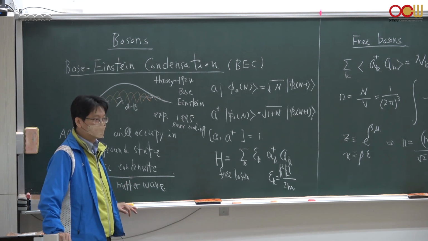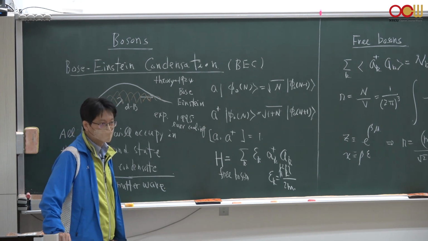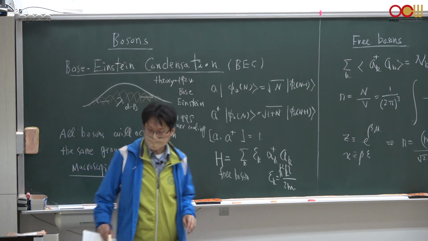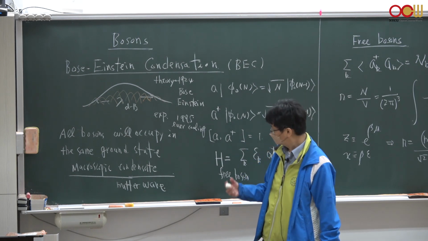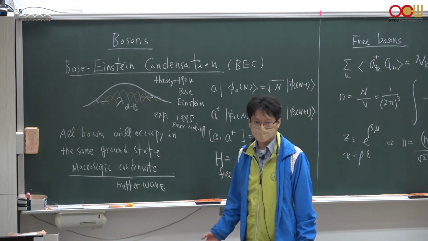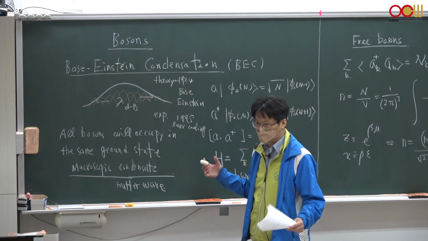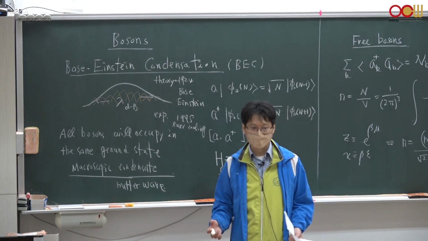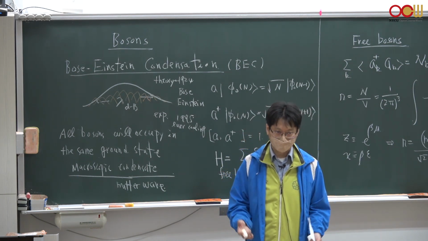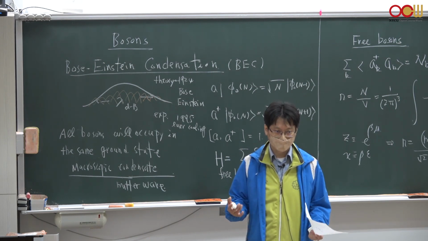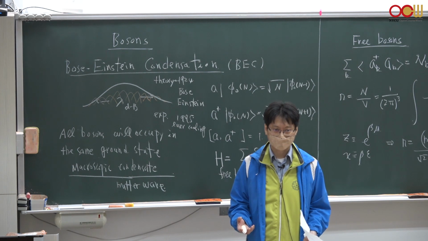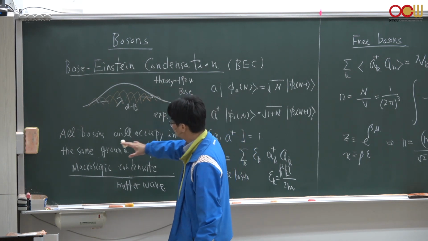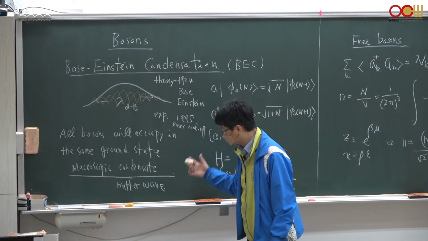They predicted that for bosons without interactions, just free bosons, at ground state they like to occupy the same ground state. All bosons like to get together because there is no Pauli principle, which applies only to fermions, not bosons. There are no restrictions on the number of bosons that can occupy the ground state, and as a result, all bosons will occupy the same ground state.